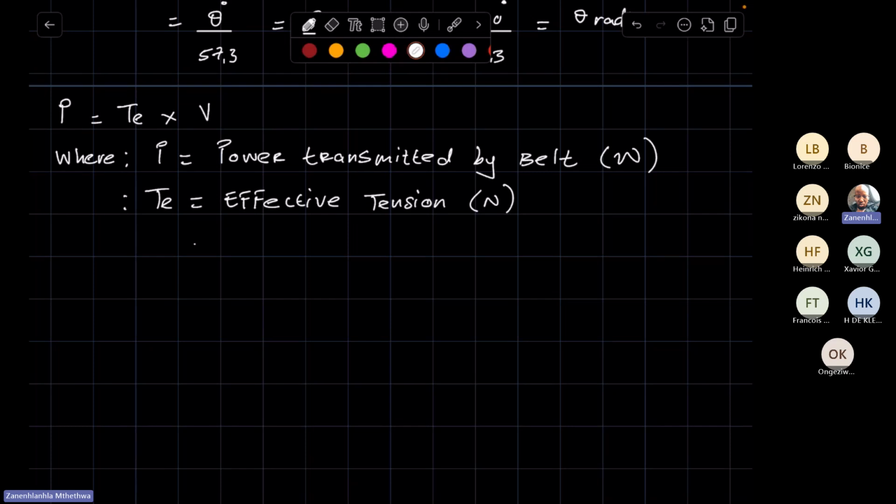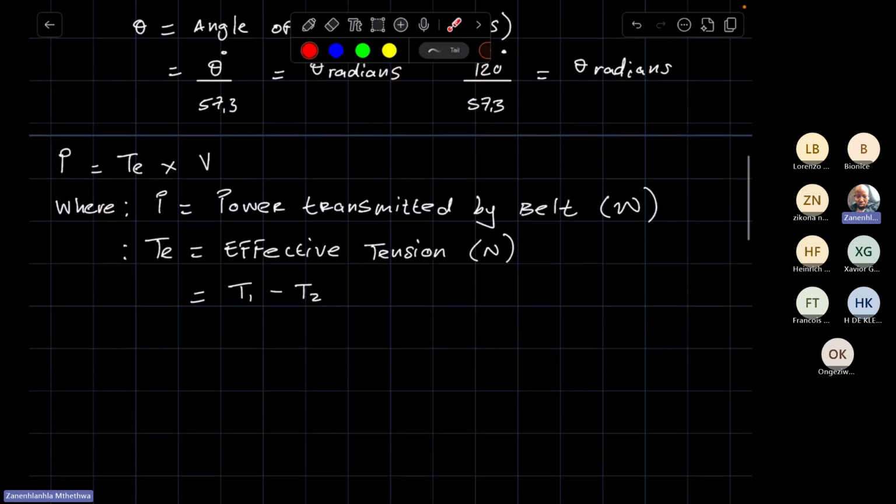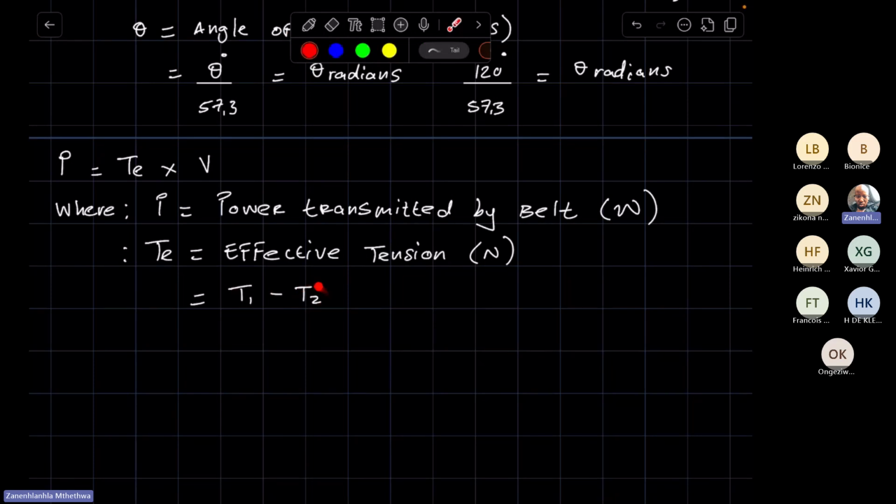Also, the effective tension is equal to T1 minus T2. Sometimes they give you the value of the effective tension. Sometimes you have to work out T1 and T2. Then once you have T1 and T2, the effective tension is equal to T1 minus T2.